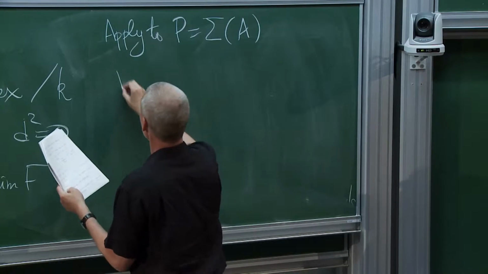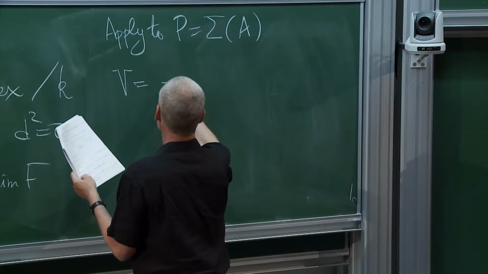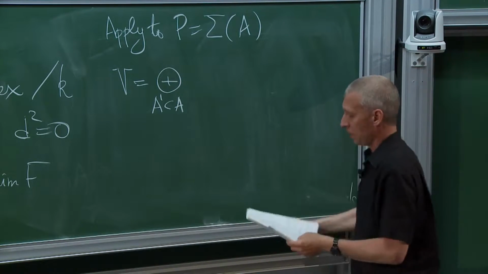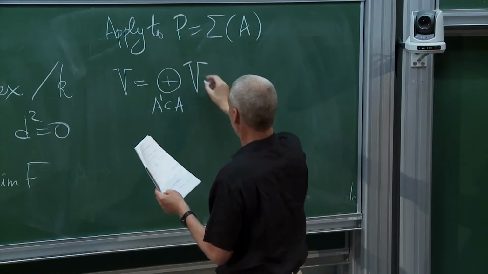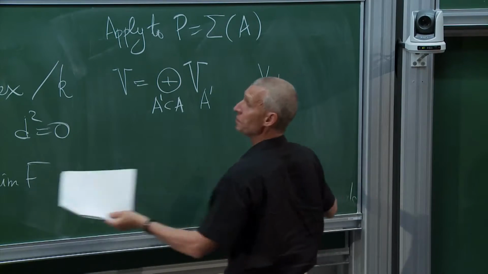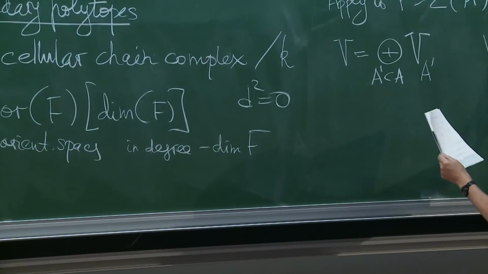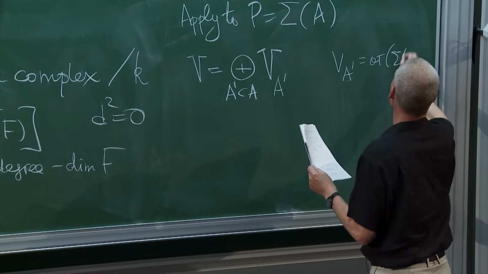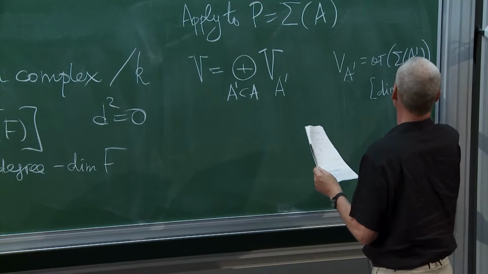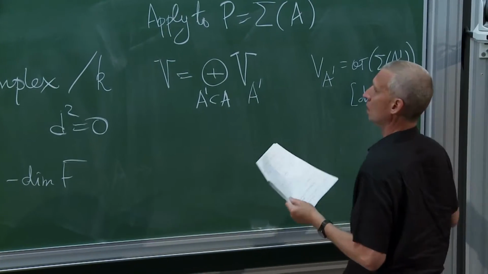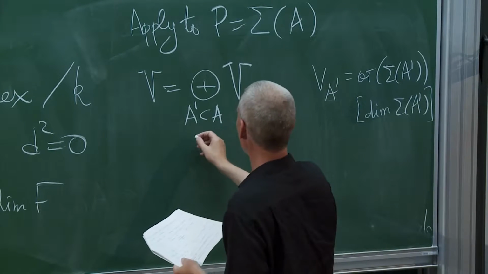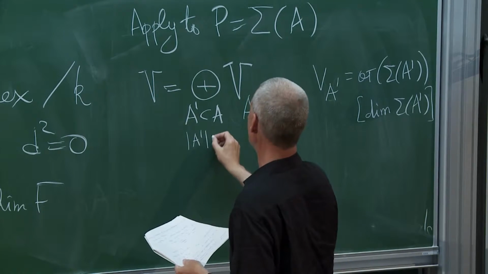So let's form a vector space V to be the direct sum over all A prime of those subspaces VA prime, where VA prime is simply the orientation of sigma of A prime shifted by the dimension, the cardinality of A prime.